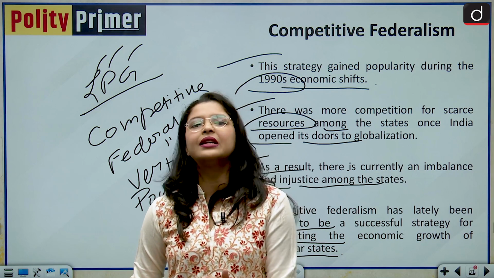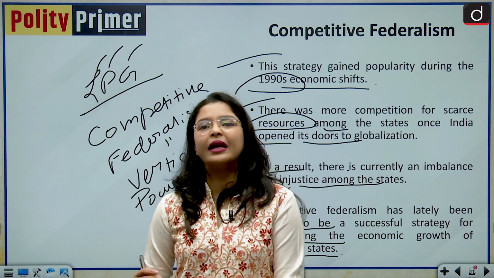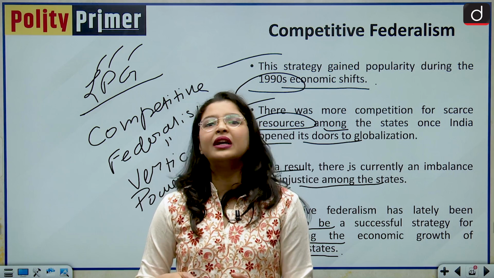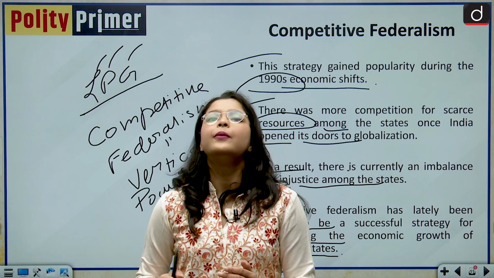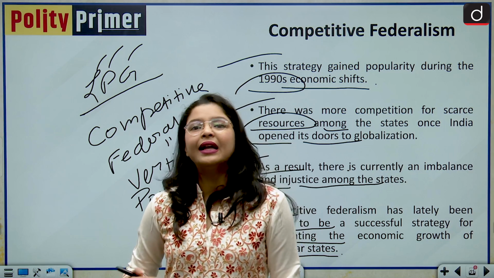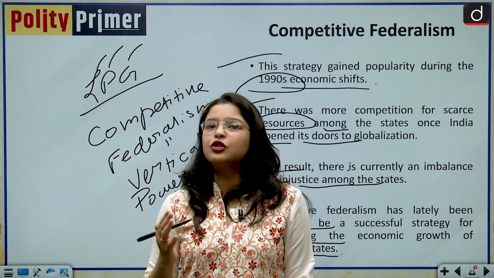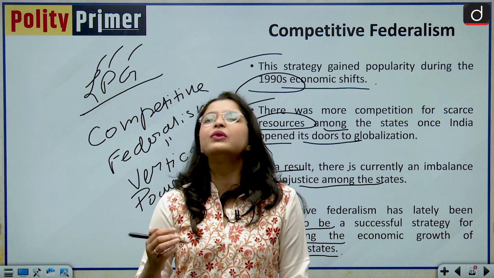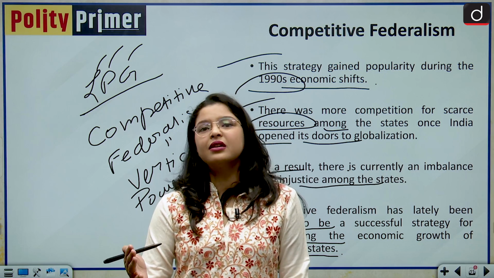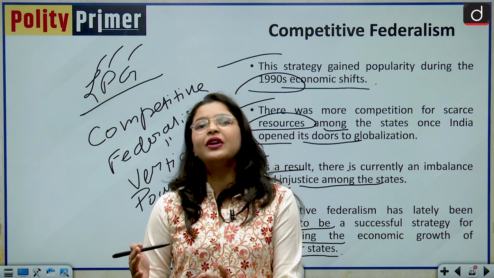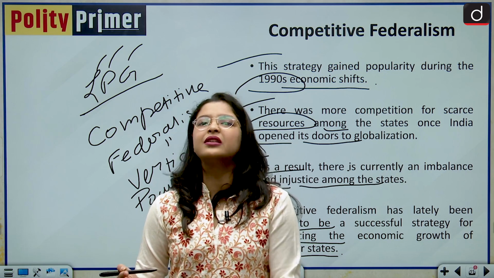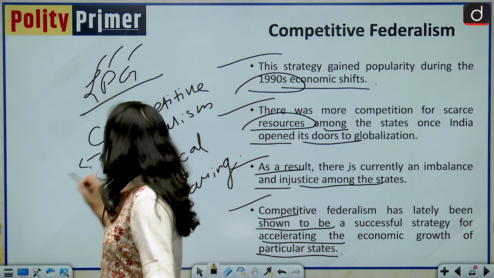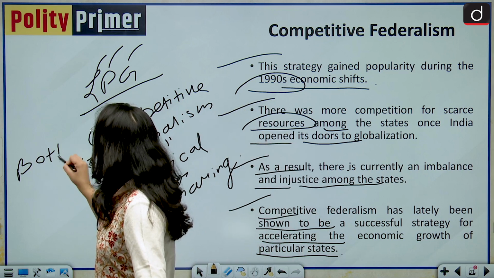But right now, it is happening in a very negative and aggressive manner. All of these states want that if the FDIs come to our state, they are definitely going to bring more employment and more jobs to our state, and that is why this competitive federalism as of now is happening in a negative way. And I'm not saying so, this is being said by various researchers, scholars and critics of this federalism policy in India. So it follows a vertical power sharing, and it also follows a bottom down approach.